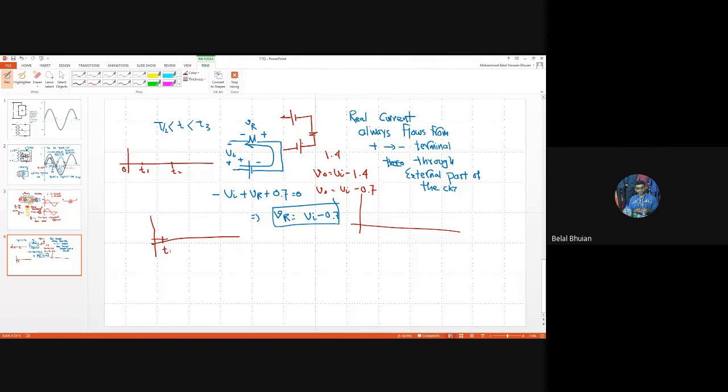So T1, T2, T3, which is T by 2, T4, capital T. So this is Vm minus 1.4 for the full wave bridge rectifier. And for the full wave rectifier with center tap transformer, it looks like this.